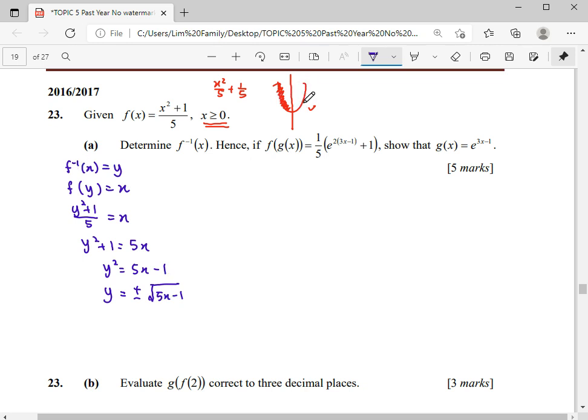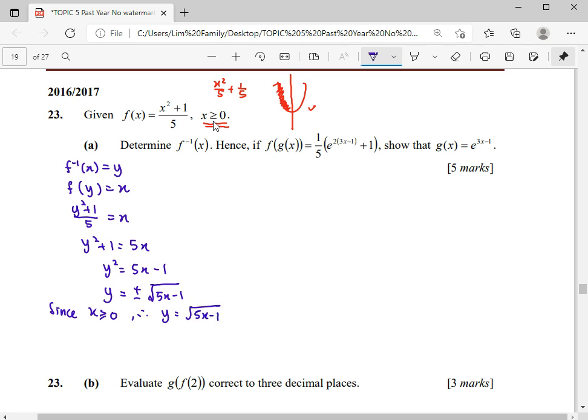We have to see that only one part is taken, because the question already filters for us. They want the right hand side part, because x greater than 0 means our part will be getting more than 0. Our part will be getting positive, positive, and more positive. So positive means they want the right hand side part. From the condition that the question gives us, x greater than 0, therefore our y only accepts the positive answer, because they are taking the right hand side part.